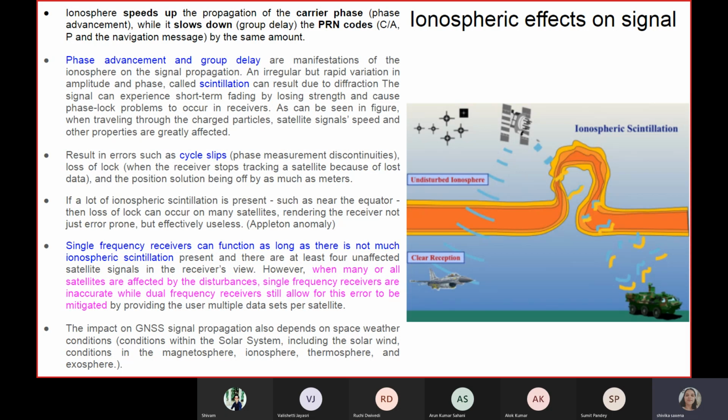So any event happening that is measured by the satellites in the solar system will also tell you that there may be an impact on the GNSS signal propagation, and the position solution can be off by as much as meters. We provide centimeter or decimeter level accuracy using GPS solutions nowadays, but the position solution can be off by as much as meters, if these types of effects are not taken into consideration.